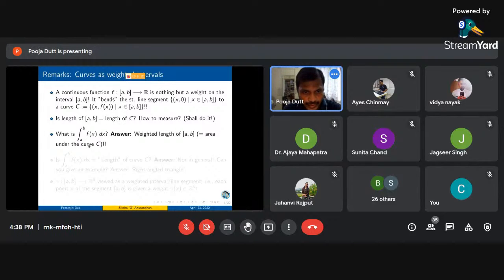So the integration a to b f(x) dx is the weighted length of the line segment starting from a, 0 and ending at b, 0.